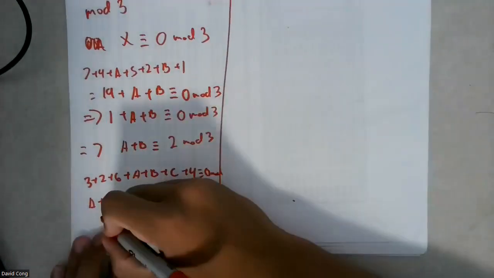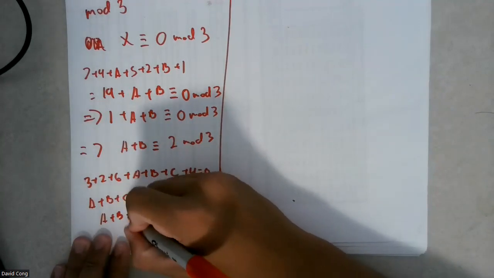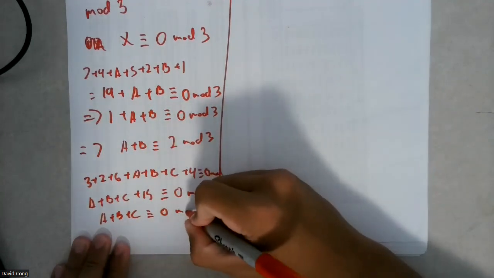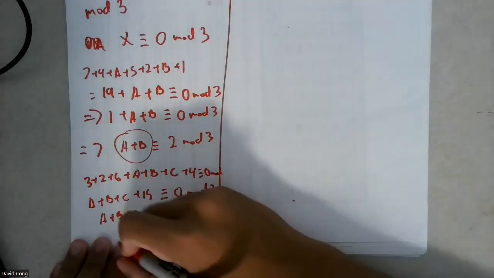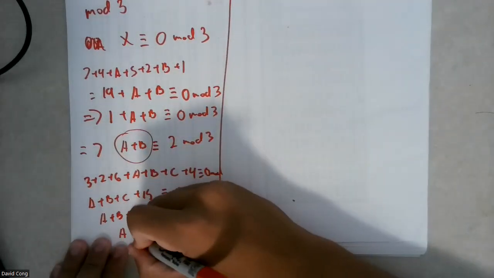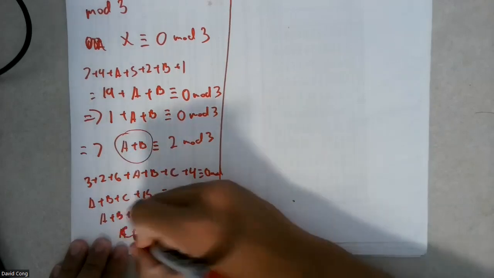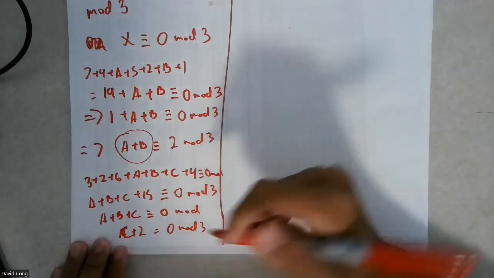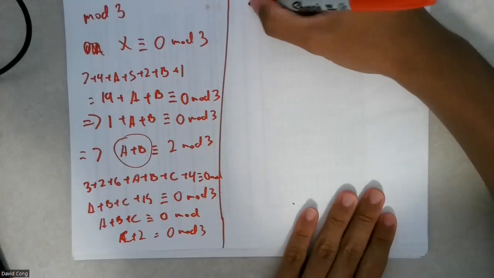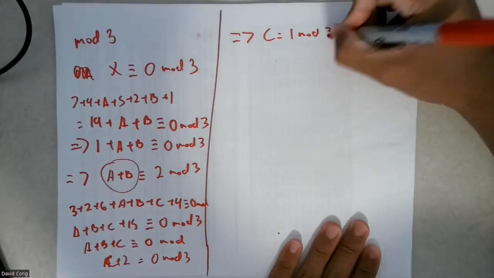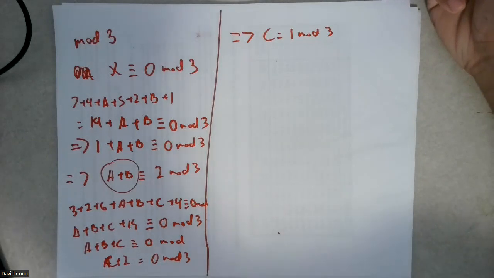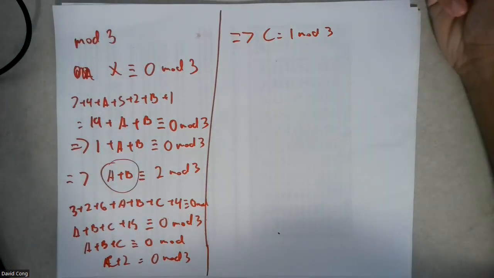And what do we know this equals? A plus B plus C is congruent to 0 mod 3. But from here, we know A plus B equals 2 mod 3. So we get 2 plus C equals 0 mod 3, which implies C equals 1 mod 3. So which one of these numbers is 1 mod 3? 1.